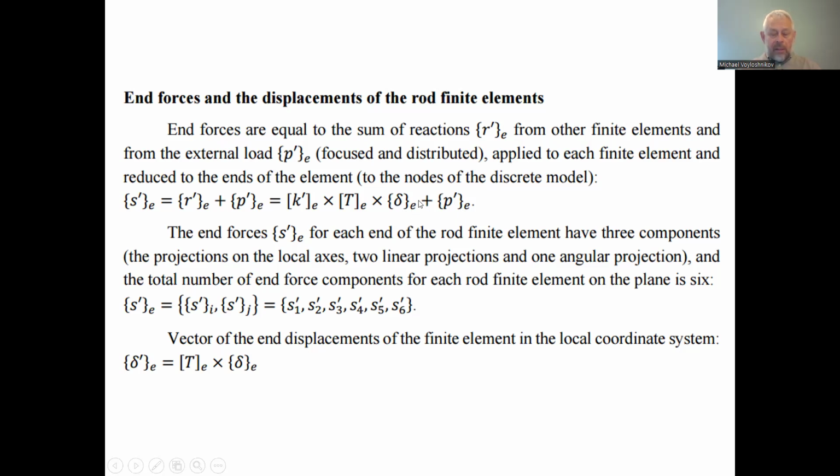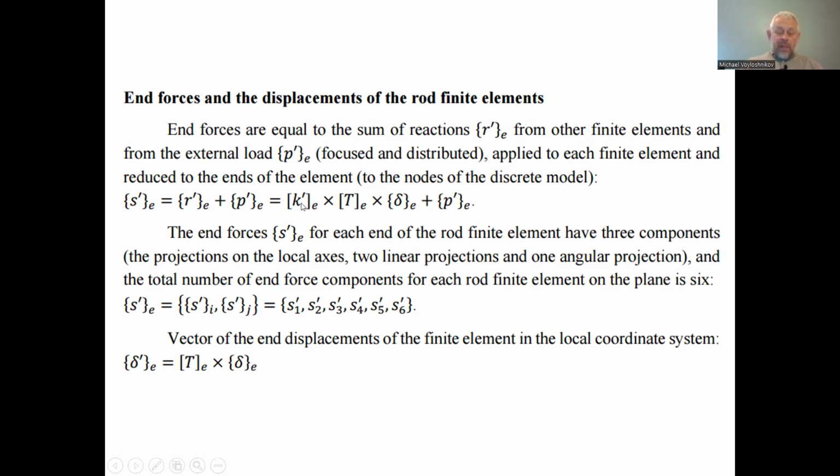And delta is the vector of displacements of the ends of the finite elements. This is multiplied by the matrix T, the auxiliary transformation matrix, because we first have the displacements of the nodes, and so the displacements of the ends of finite elements, in the global coordinate system.